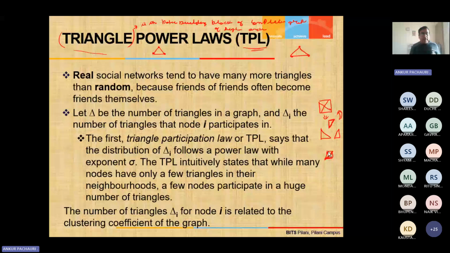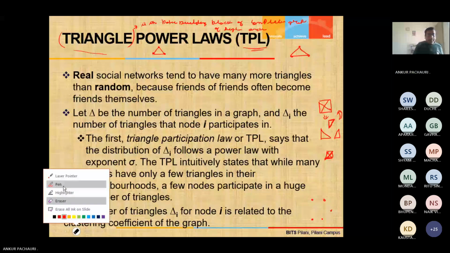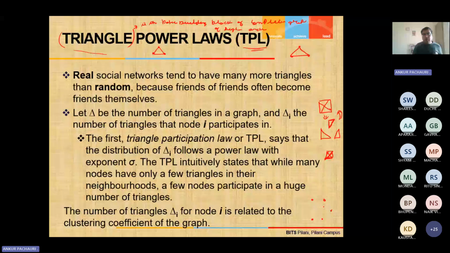Can I construct a complete graph of 5 nodes? I can, using a number of triangles only. One triangle, two triangles, three triangles.